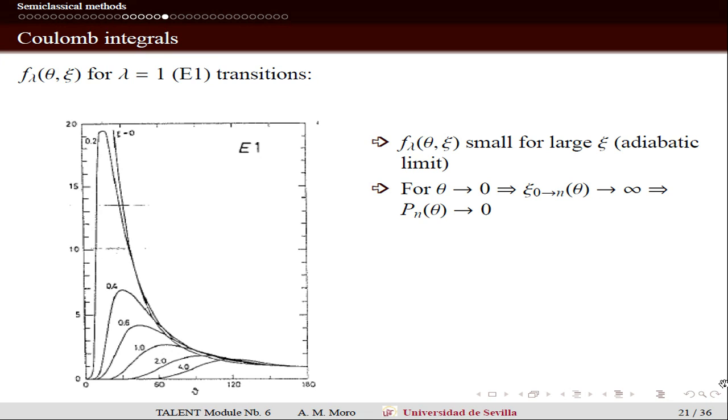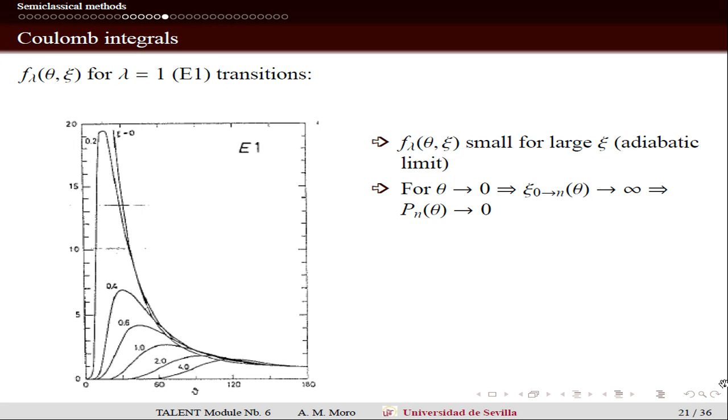Each line here, the units are missing, but this is the scattering angle, from 0 to 180, and this is the value of this F, and each line corresponds to a different adiabaticity parameter. The adiabaticity parameter is related to the excitation energy and also to the incident energy, because we have in the definition the velocity V.